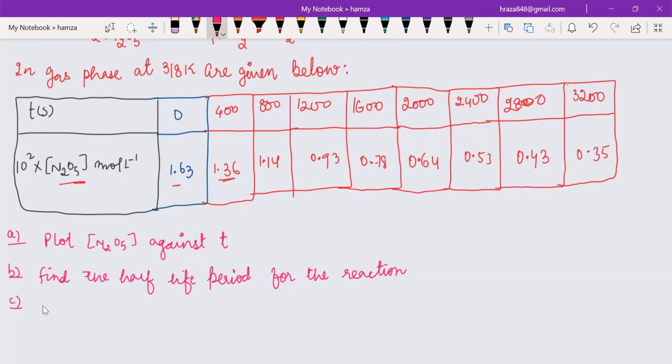C is draw a graph between log of N2O5 and T. D is what is the rate law?